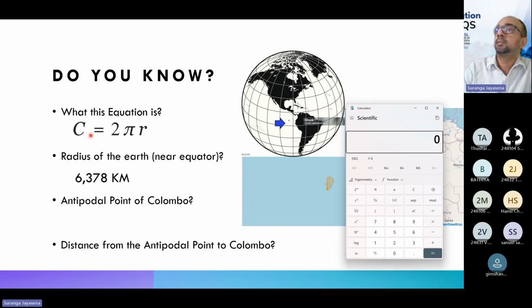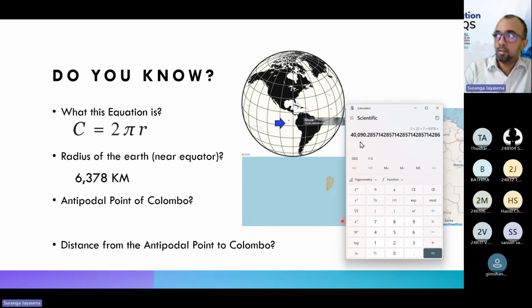So we'll go with the basic calculation. We use the same equation to get the circumference. That is 2 into 22 divided by 7 into 6,378.